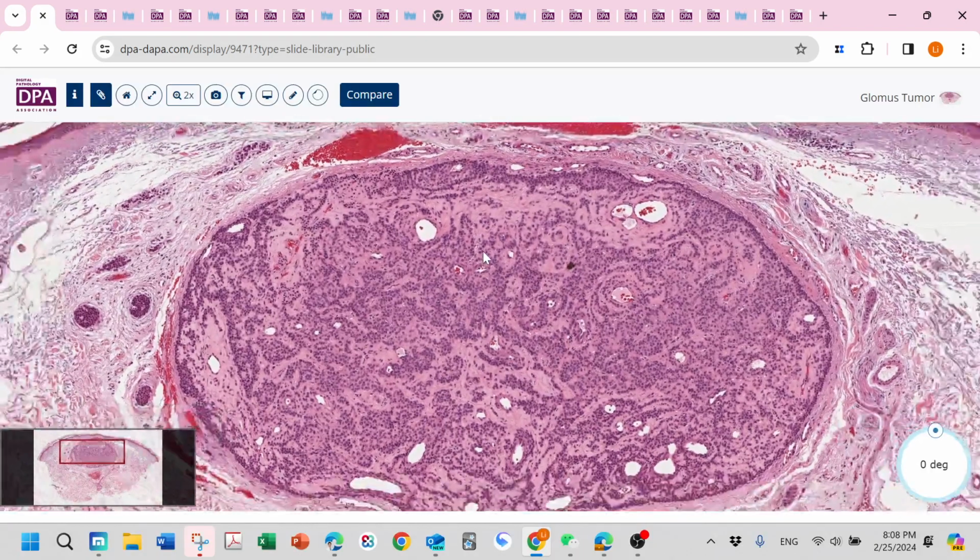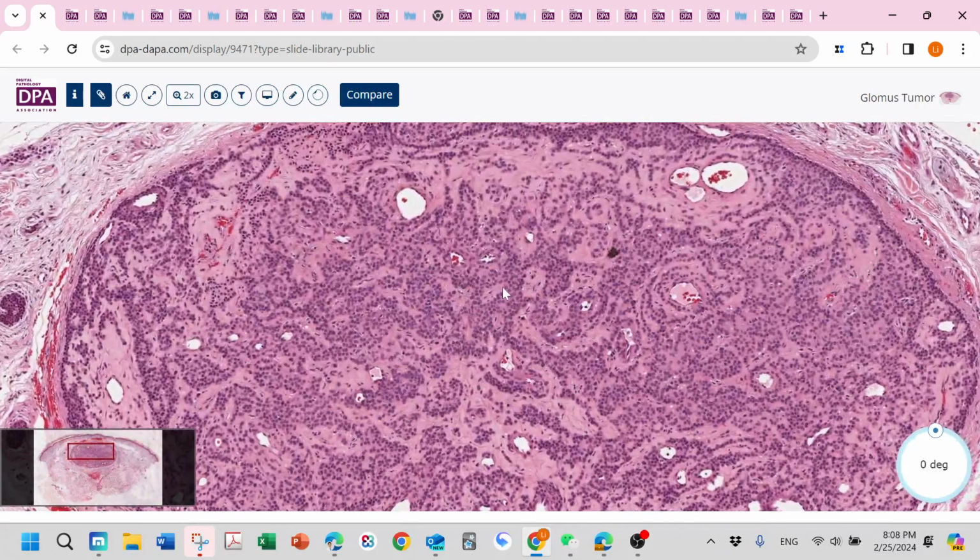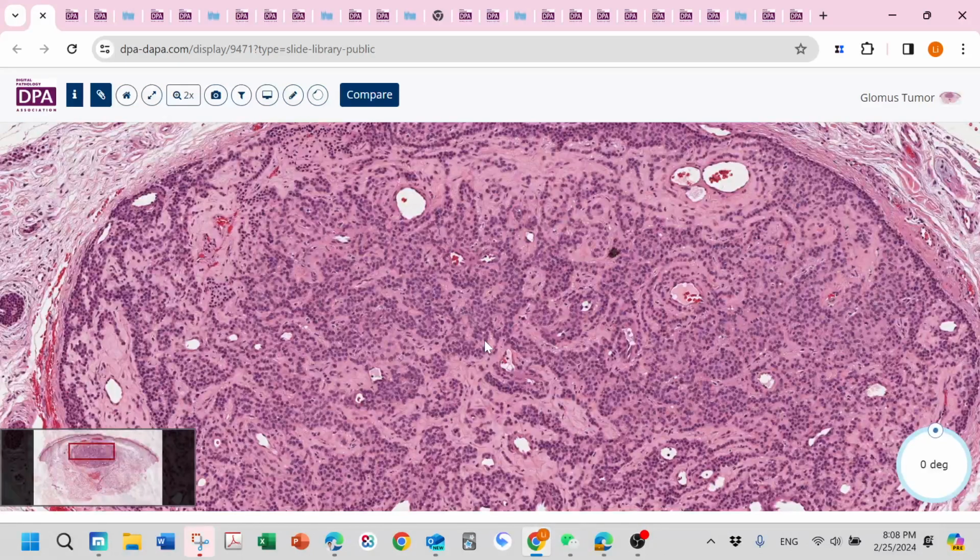So just remember, if you see anything well circumscribed in the dermis, hugging around the vessel, the cell is monotonous, really highly suspicious, glomus tumor. Then when you do IHC, this lesion is muscle actin positive, because these are true glomus cells. Glomus cells are small muscle-originated cells that hug around the vessel.